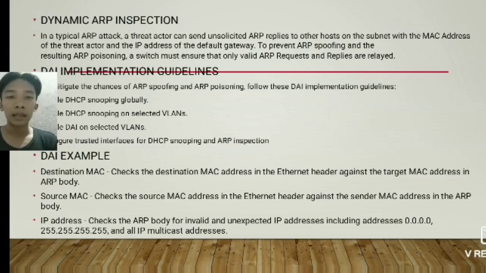IP address: checks the ARP body for invalid and unexpected IP addresses, including addresses 0.0.0.0, 255.255.255.255, and all IP multicast addresses.